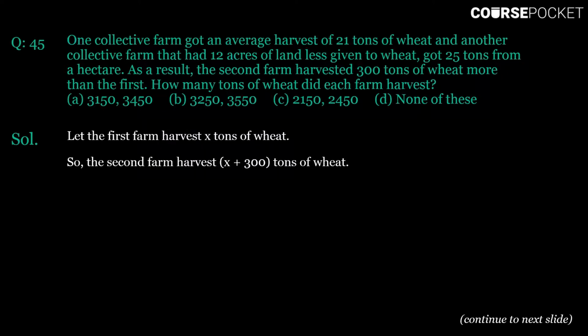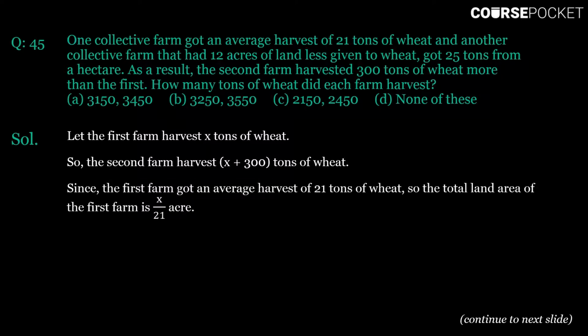So, the first thing we know that the second farm harvested 300 tons more wheat than the first. So, let us take the first farm harvest X ton of wheat. Then obviously the second farm harvest X plus 300 tons of wheat. Since the first farm got an average harvest of 21 ton of wheat, the total land area of the first farm is X by 21 acre.